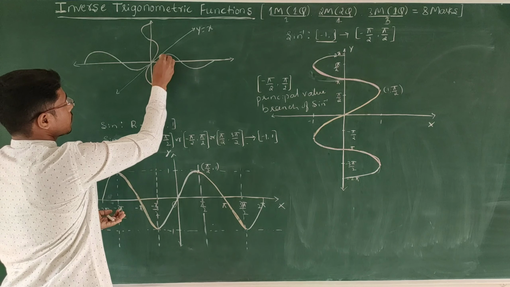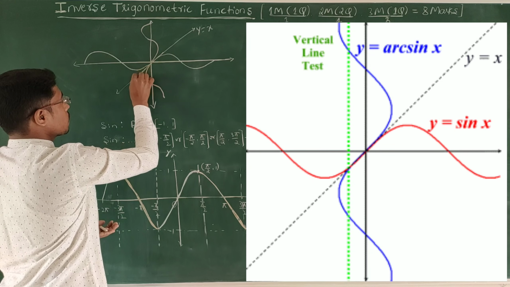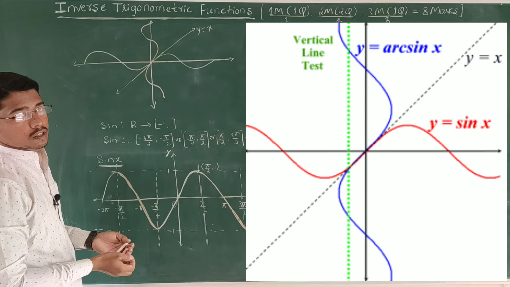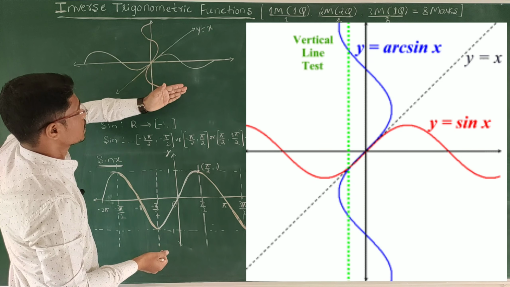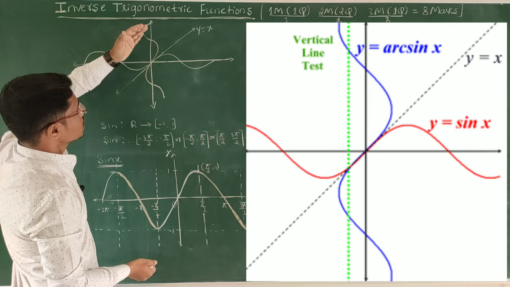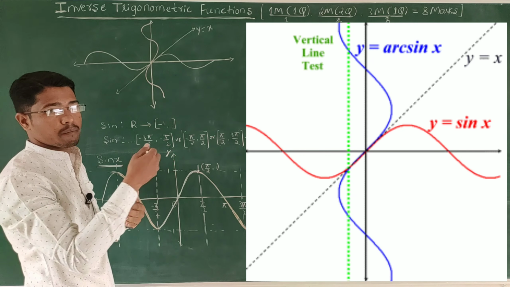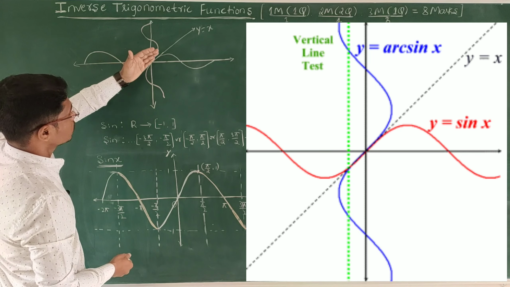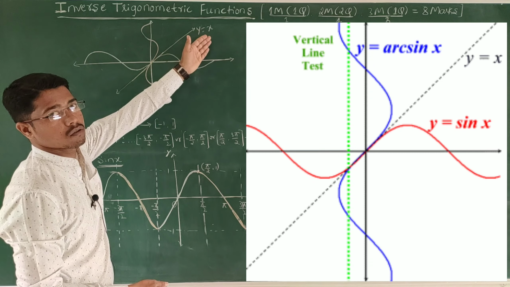See here now, the straight line y equal to x passes through the center and makes a mirror image. So above the straight line and below the straight line, you will get a mirror image. When you face a mirror, you get your exact face. So like this, this is the mirror image of this with respect to the straight line y equal to x.